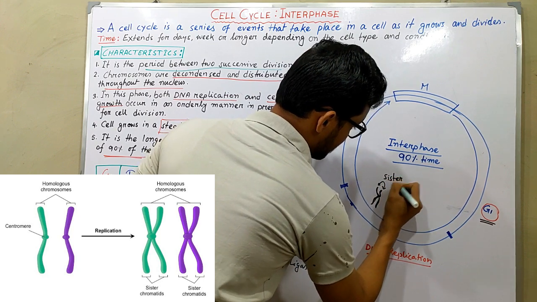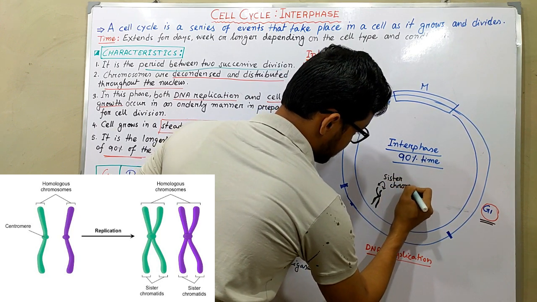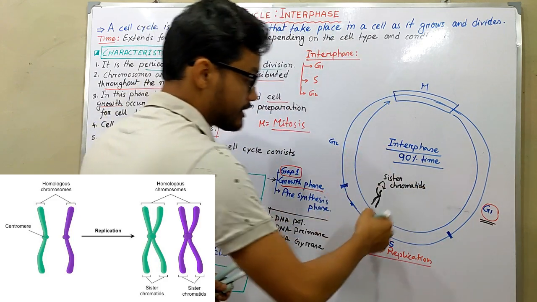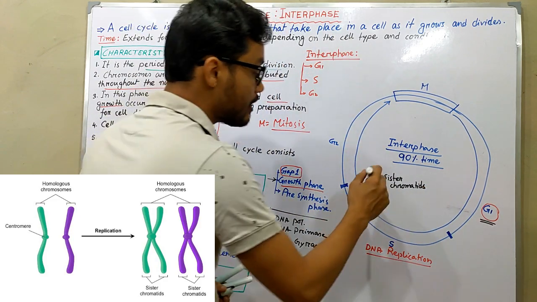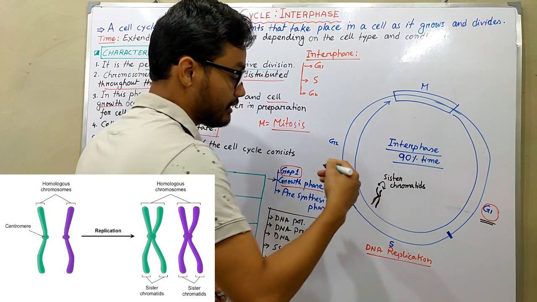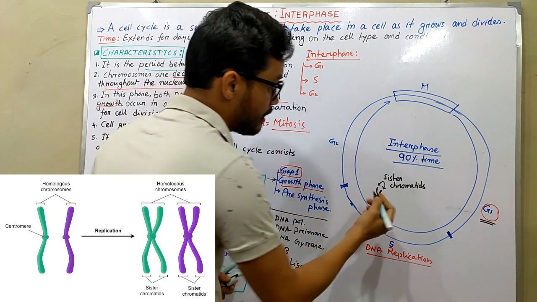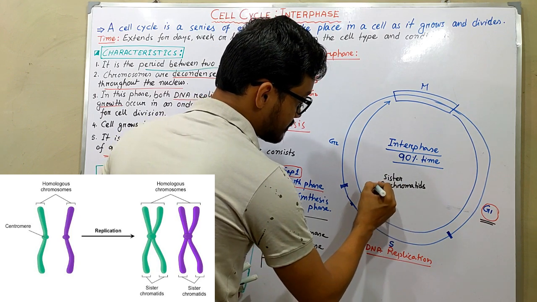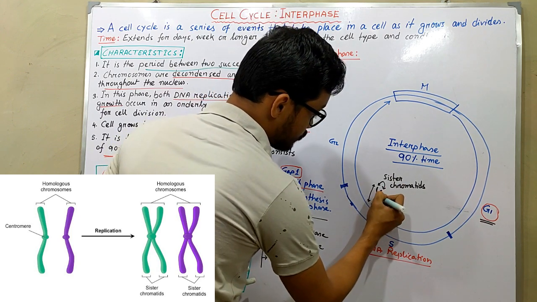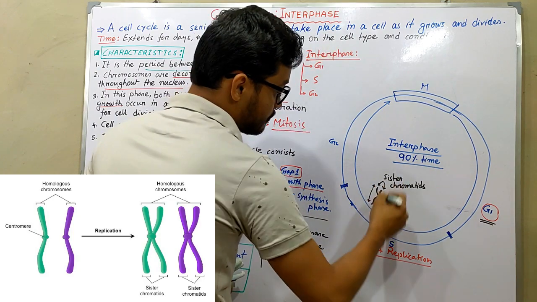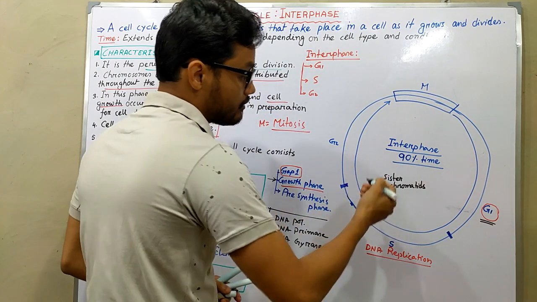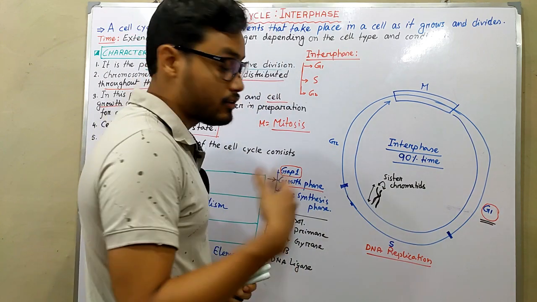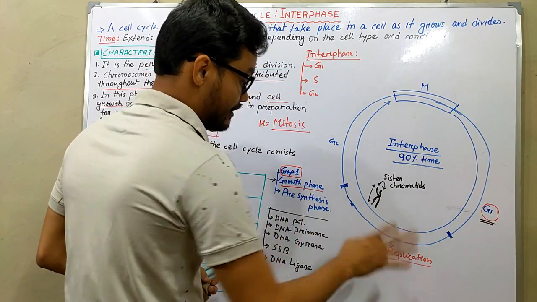Chromosomes are decondensed, and total DNA is replicated. Total DNA makes its own copy and produces a new chromatid attached at the same centromere, and those chromatids are known as sister chromatids as they are identical to each other. So this is the replication phase.